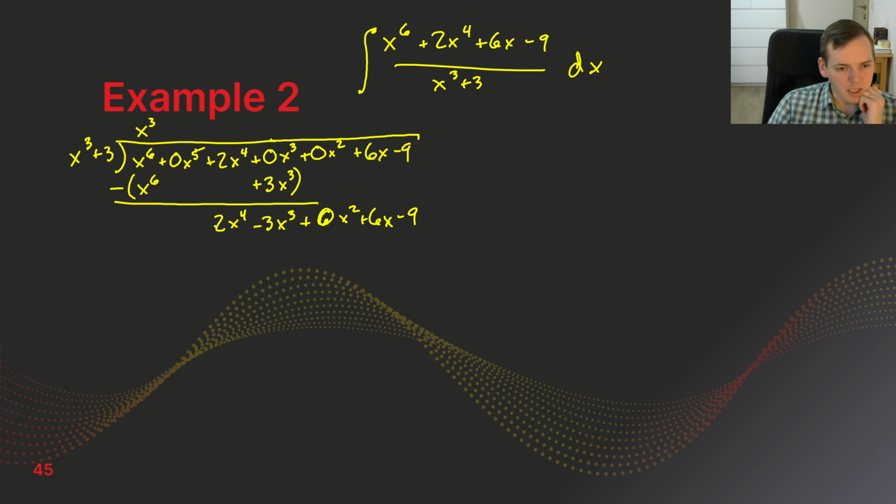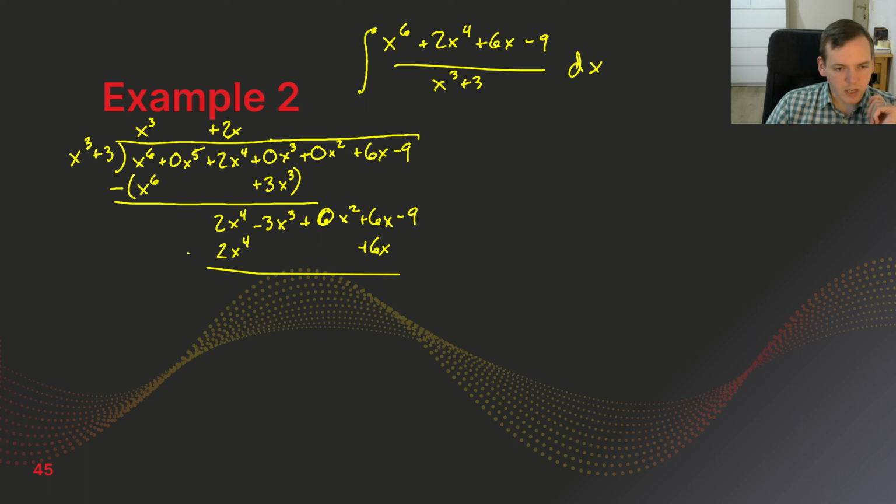Now we need a 2x. So 2x times x cubed is 2x to the 4th. 2x times 3 is going to be 6x.